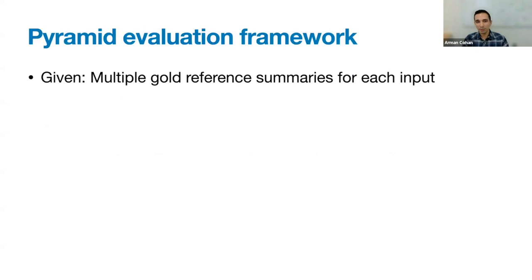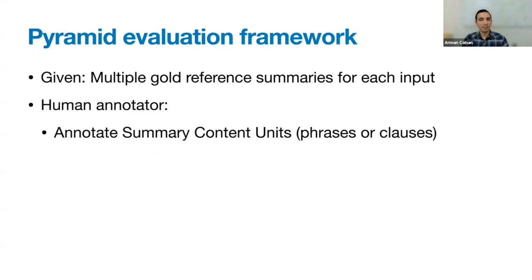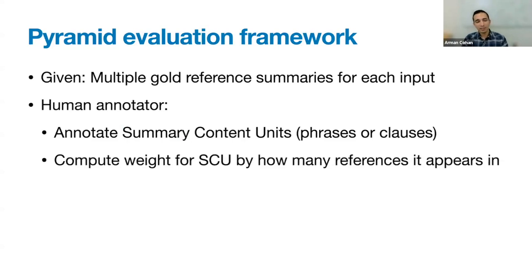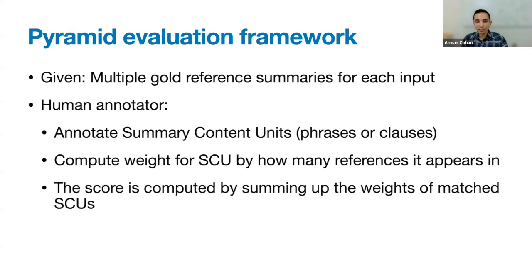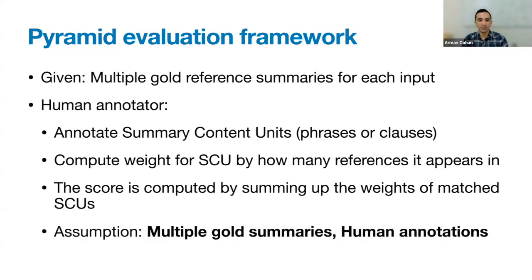Given multiple gold reference summaries for each input in the pyramid evaluation framework, the annotator annotates summary content units. These are phrases or clauses that are important. And then you compute a weight for these summary content units by counting how many references it appears in. And then the score is computed by summing up these numbers.